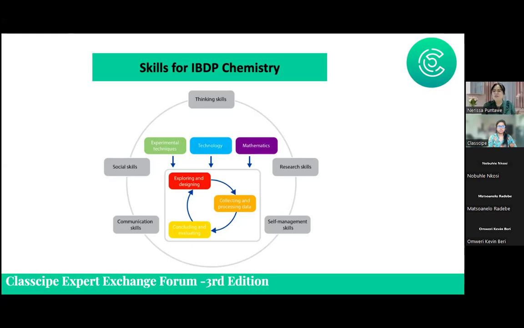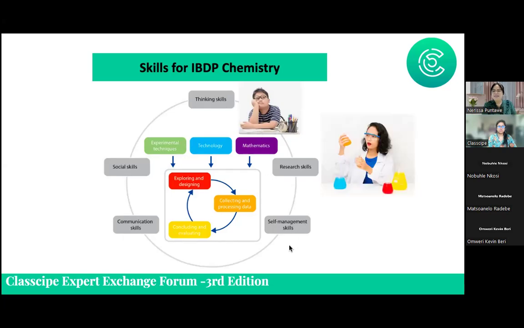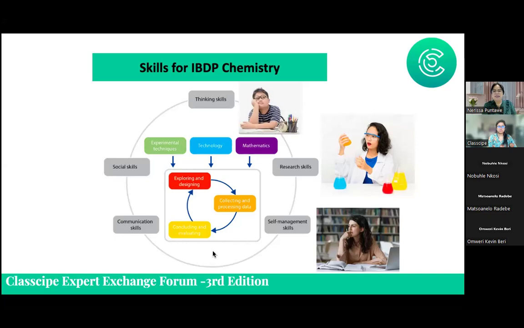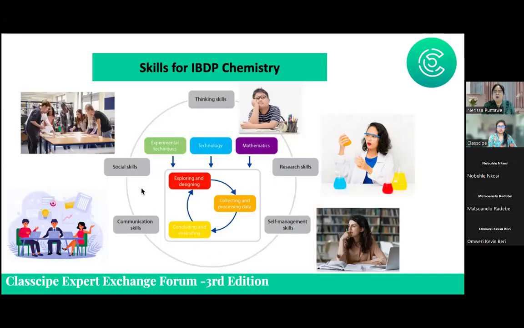There are 5 approaches to learning skills, the ATLs, and you can see here we have thinking skills, research skills, self-management skills, communication skills, and social skills. Now, all the skills are necessary for the students to be able to maximize their learning potential. And you are strongly advised and encouraged to integrate all of these skills in every formative assessment that you have.